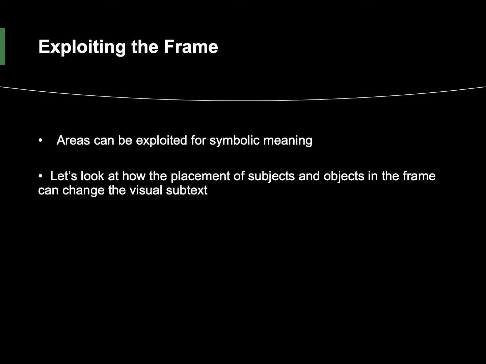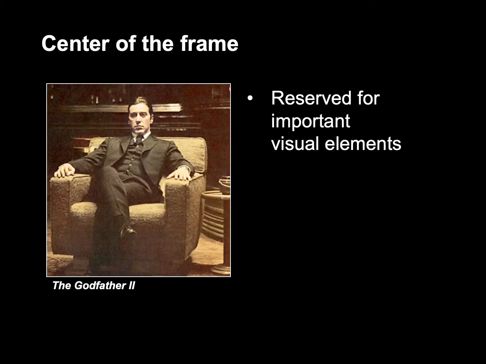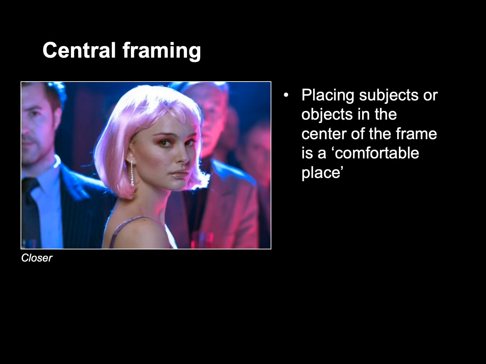Exploiting the frame. Areas of the frame can be exploited for symbolic meaning. Let's look at how the placement of subjects and objects in the frame can change the visual subtext. Center of the frame, reserved for important visual elements. Central framing, placing subjects or objects in the center of the frame, is a comfortable place.